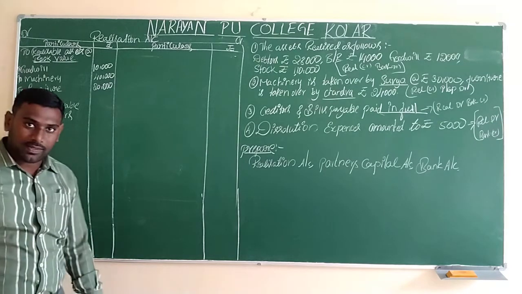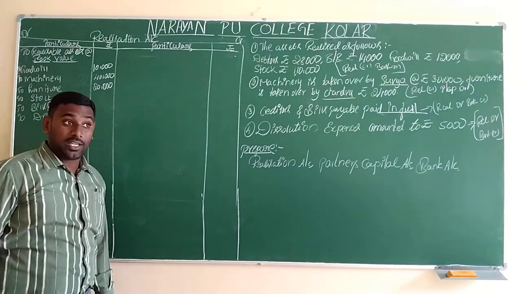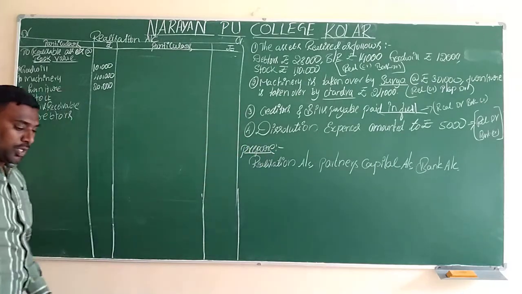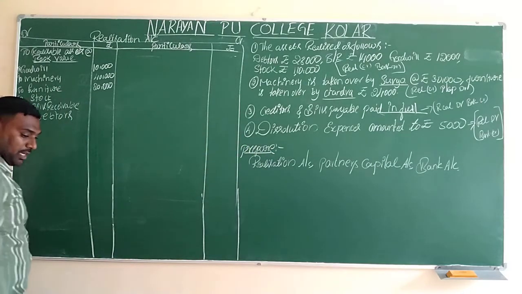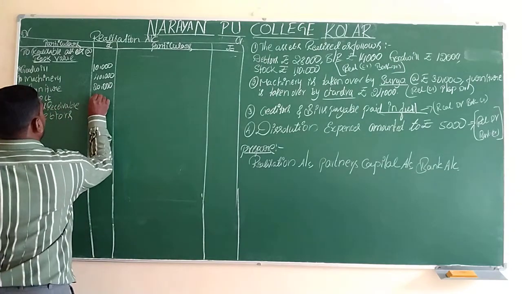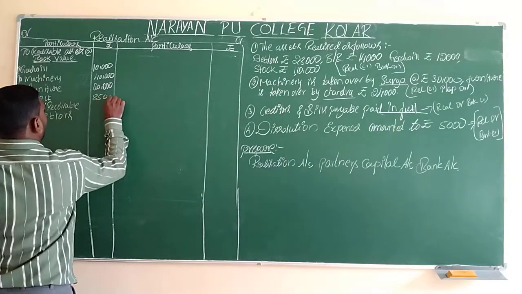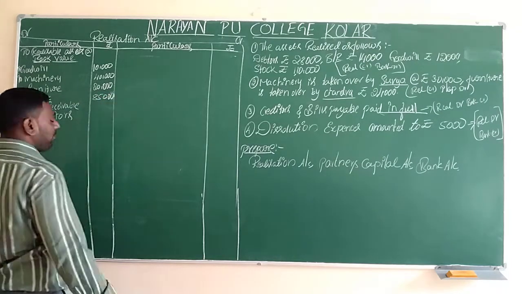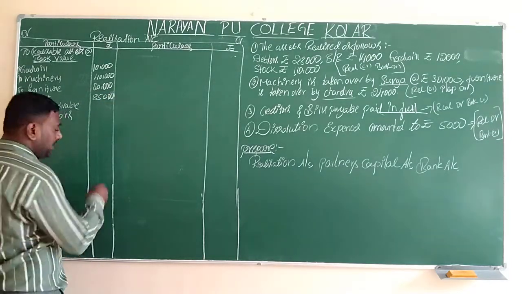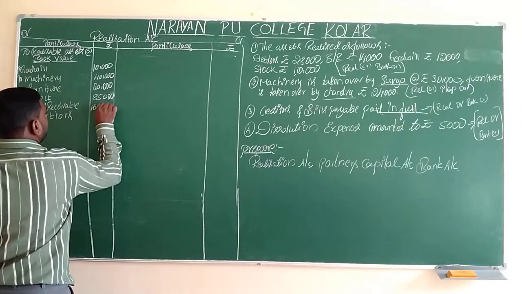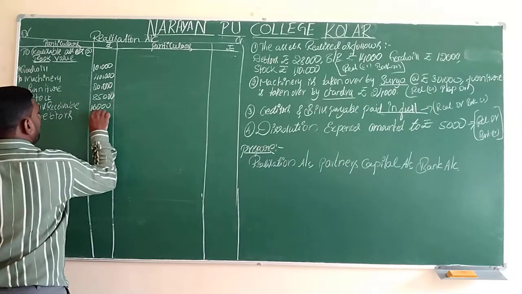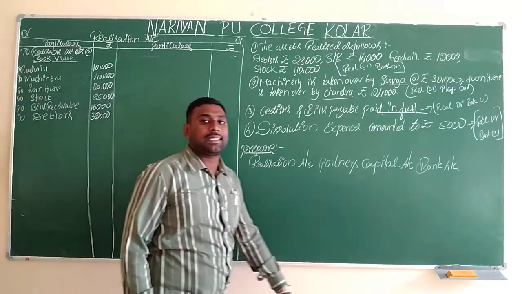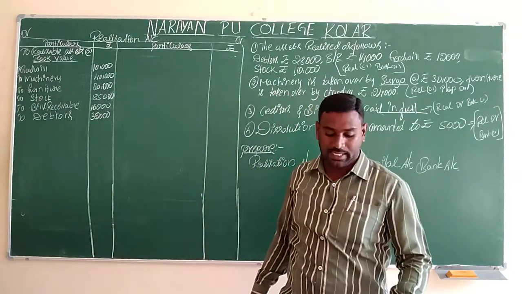We will write all the assets, but we won't consider cash. Cash and bank will come to the bank account. So we have to write the values. The value of stock is 85,000. The value of bills receivable is 16,000. The value of debtors is 32,000. So first we have to complete step number 1, with the contents that are given.